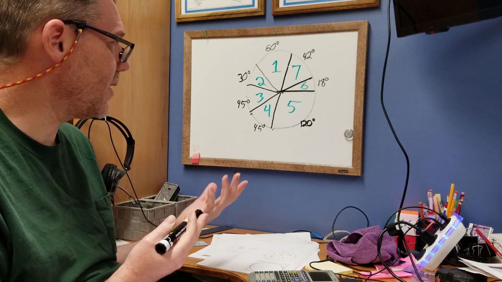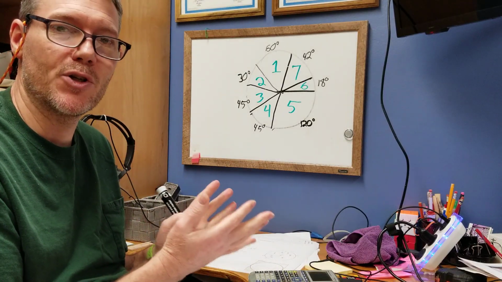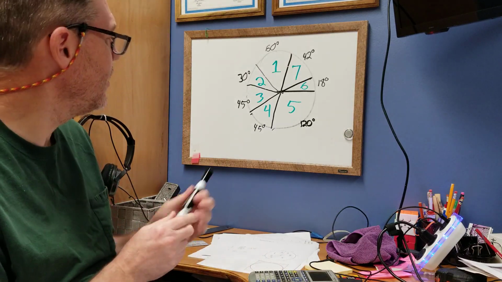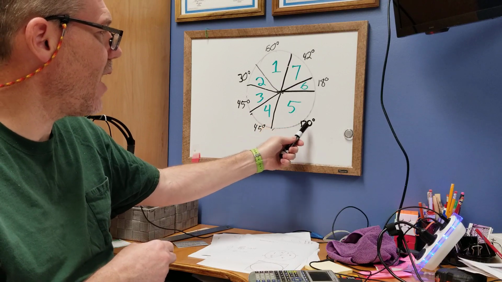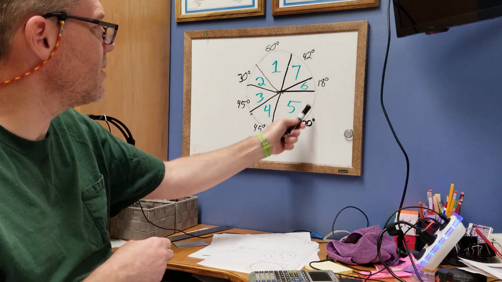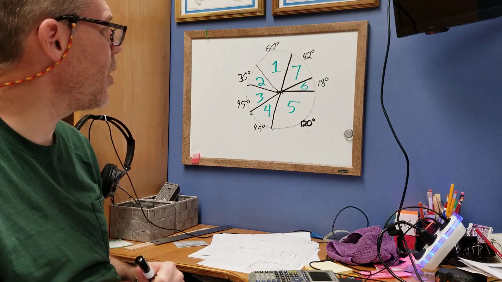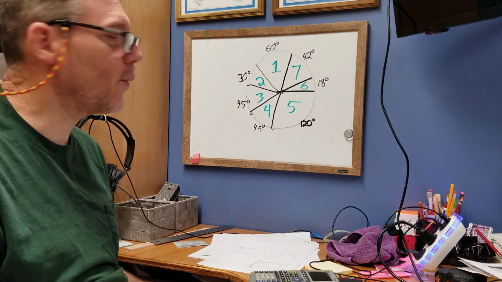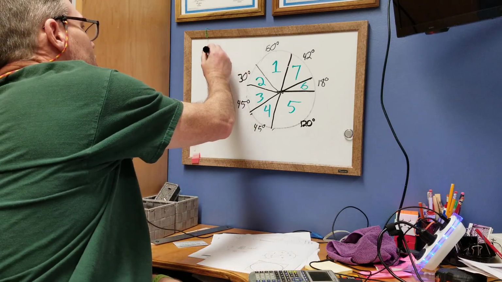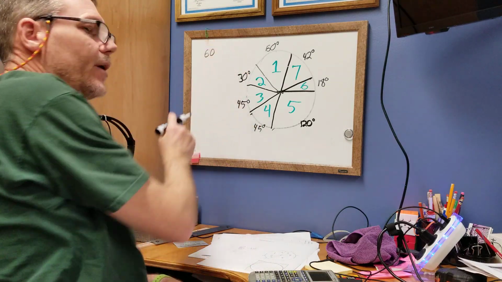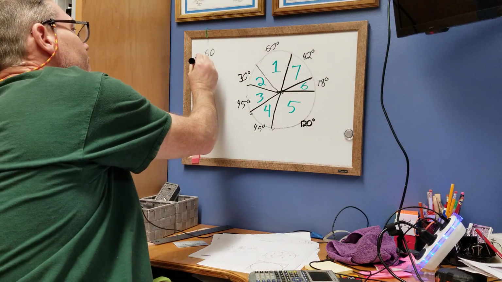So let's say this is like a spinner in a game, and they're not evenly spread. Obviously, 5, you'd have a better chance of getting a 5 because it has 120 degrees and is bigger than all the rest. And getting a 6 is the smallest. So what would be the probability of, let's say, spinning a 1? Well, there's a total of 60 degrees, and a whole circle is 360.